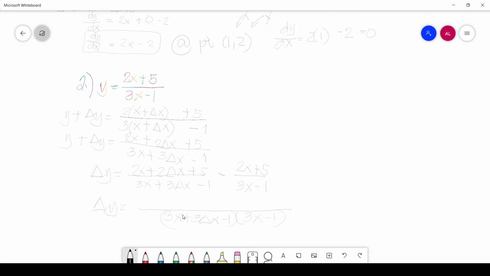So, the least common denominator divided by the denominator, times the numerator, which is 3x minus 1 times the numerator 2x plus 2 delta x plus 5.